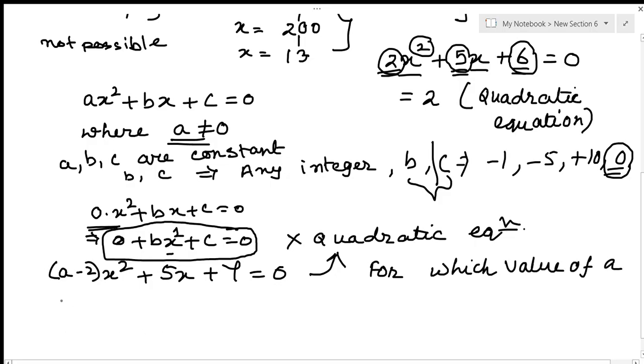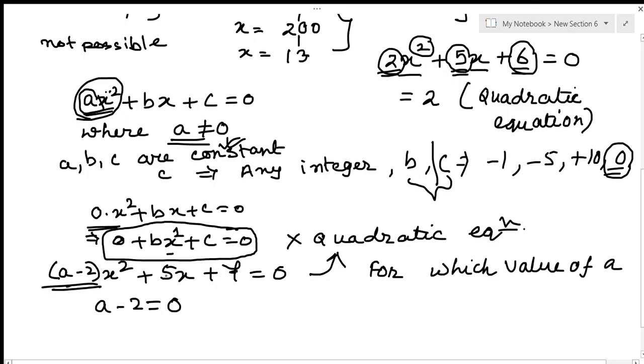What we know is that the coefficient of x square cannot be 0 in a quadratic equation. A is the coefficient of x square in ax square, so here a minus 2 is the coefficient. The question is, for which value of a this equation cannot be a quadratic equation?